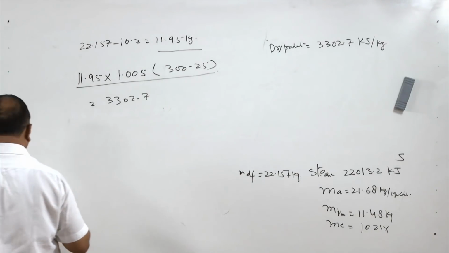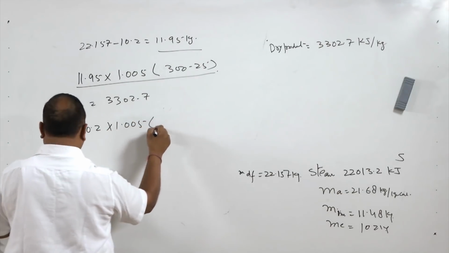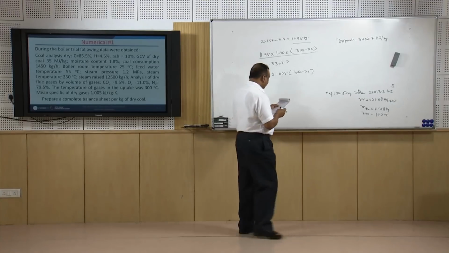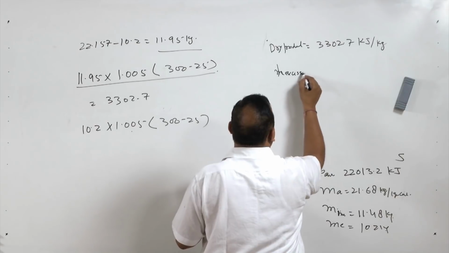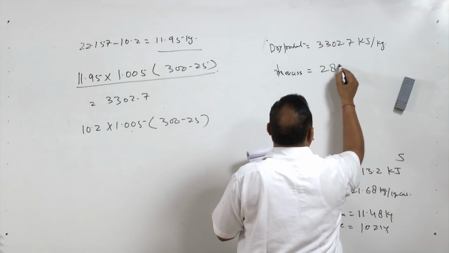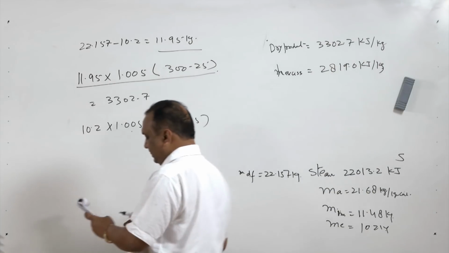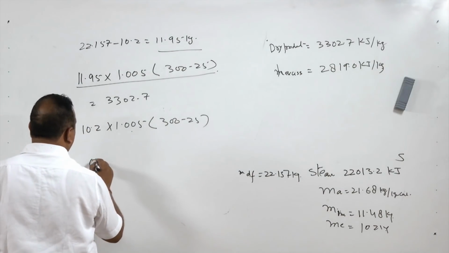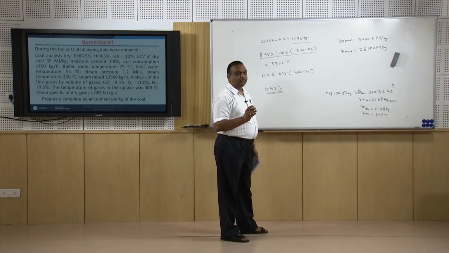Now, heat in excess air. Excess air is 10.2, so 10.2 into 1.005 into 300 minus 25. Because Cp is the same for both cases, for excess air it comes to 2819.0 kilojoules per kg. Now, vapors. We have vapors also. The mass of the vapor is 0.423, and the enthalpy of the vapor is also changed.